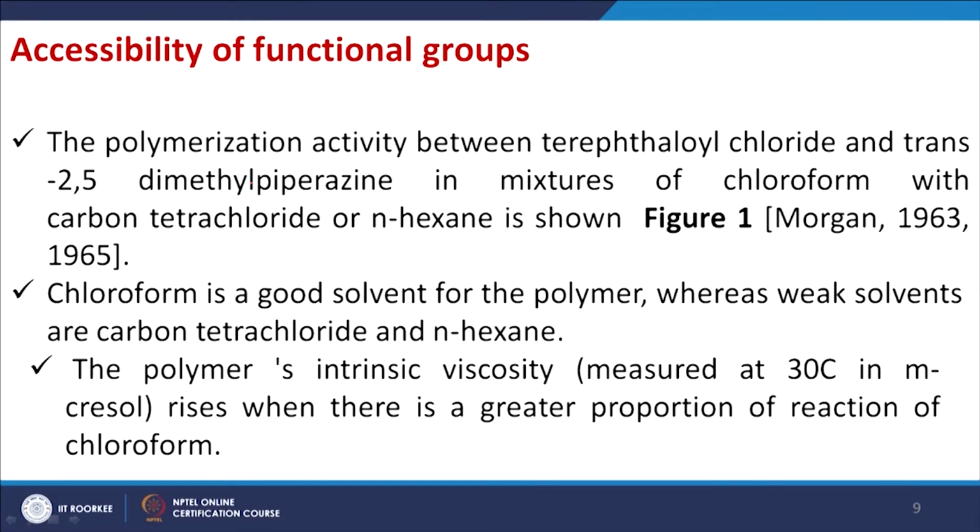Chloroform is a good solvent for the polymer, whereas the weak solvents are carbon tetrachloride and n-hexane. That is why the property and quality of the solvent play a very vital role in this type of polymerization.